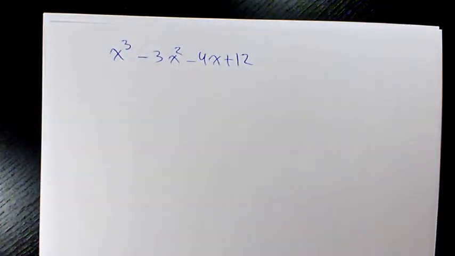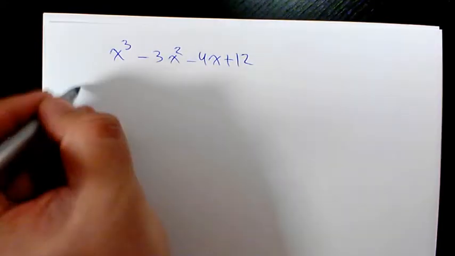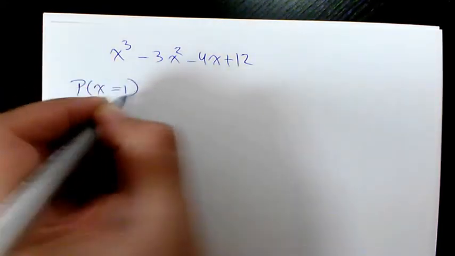The next one is x to the power of 3 minus 3x squared minus 4x plus 12. Okay, let's check. Now let's look at x equals 1.